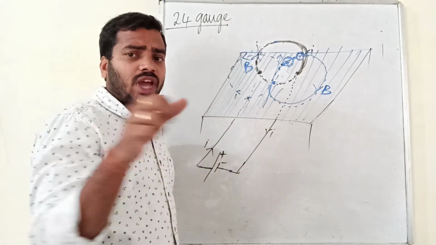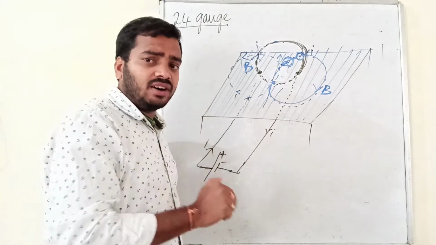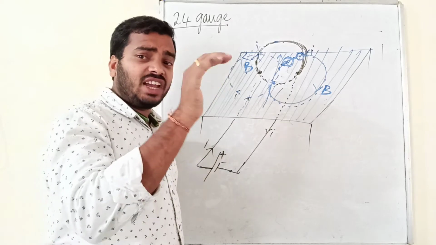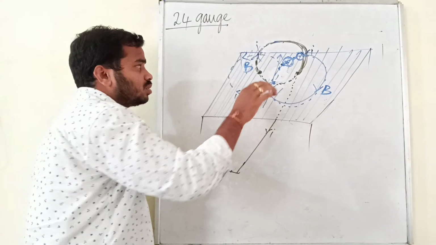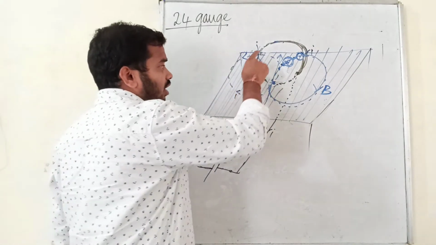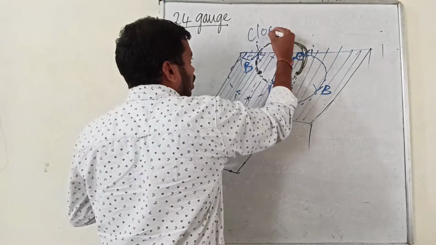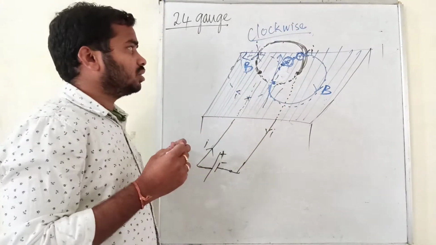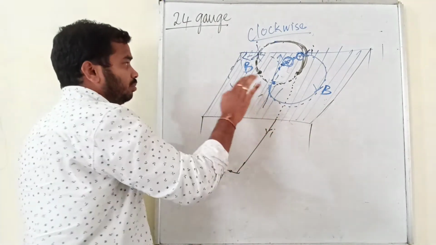In that case, we put the thumb in the direction of the current, but here in the case of a circular loop, we use our fingers to curl in the direction of the electric current. Here you see the current direction is clockwise, similar to the direction of the minute hand that moves in a clock.